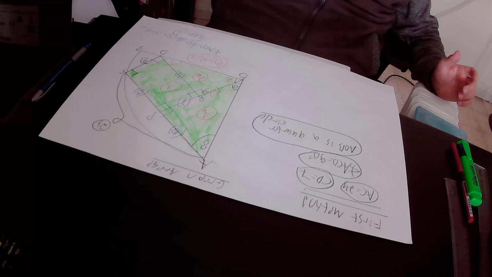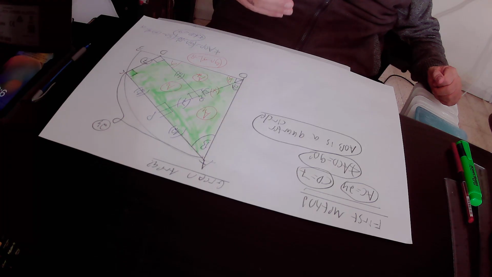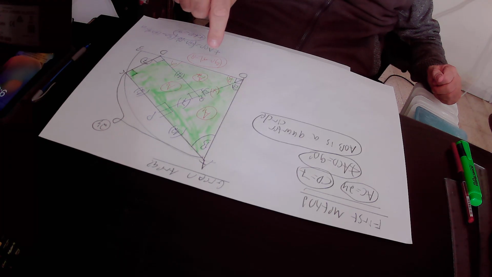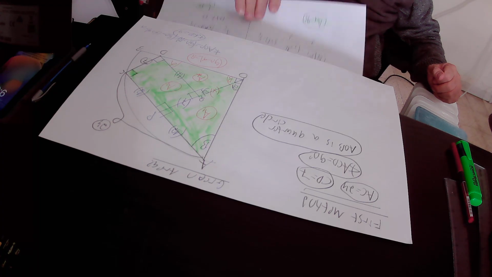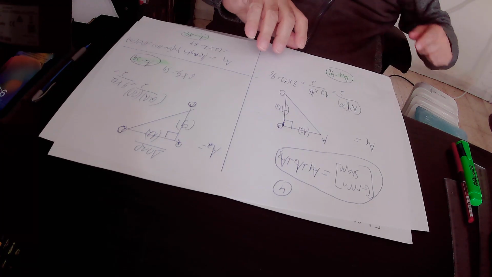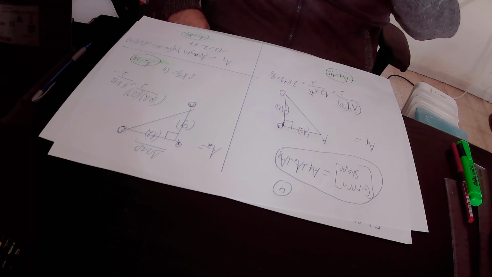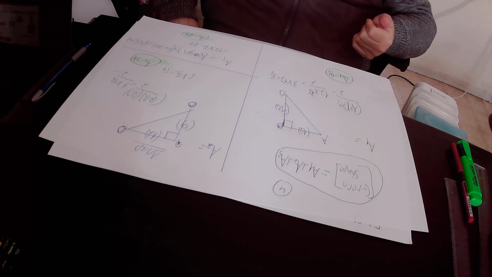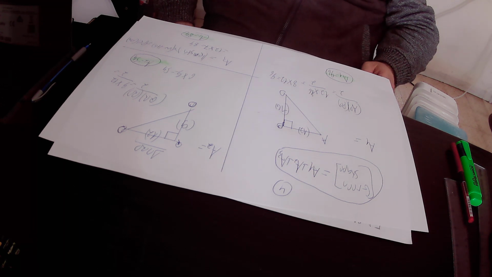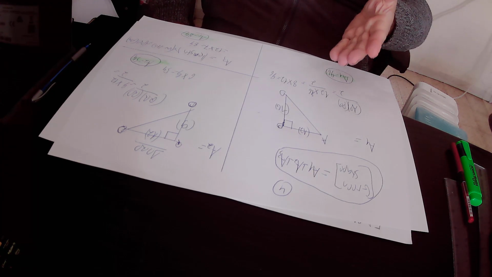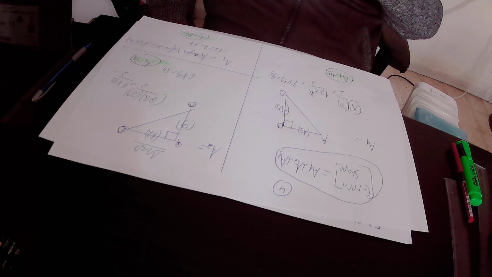It is very clear from the drawing that the total area of the green shape equals A1 plus A2 plus A3. We calculate each area separately, and then we add the three areas together.